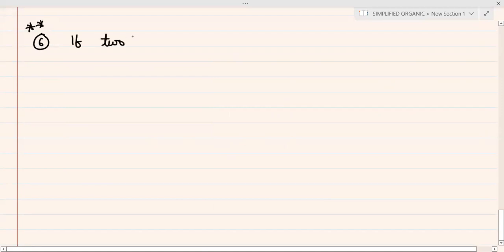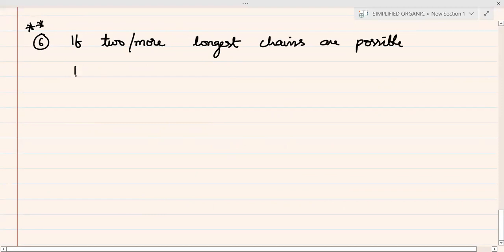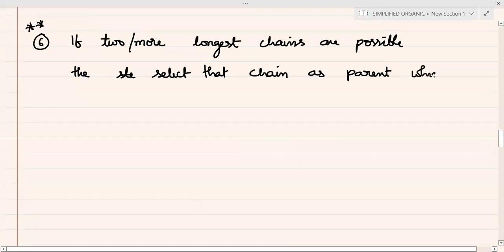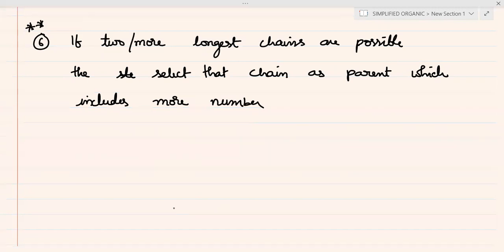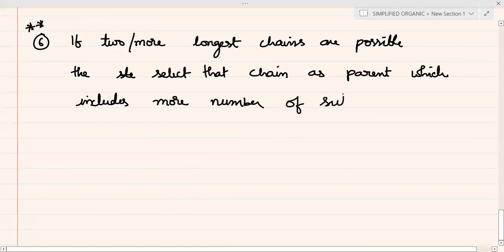If two or more longest chains are possible, then select that chain as the parent, select that chain as the parent which includes more number of substituents.